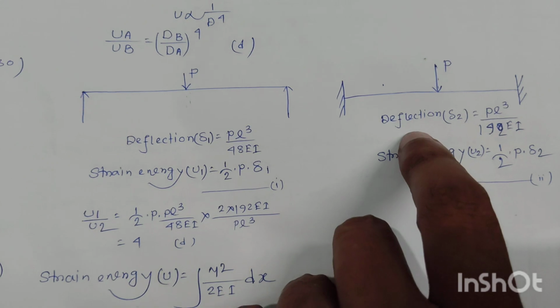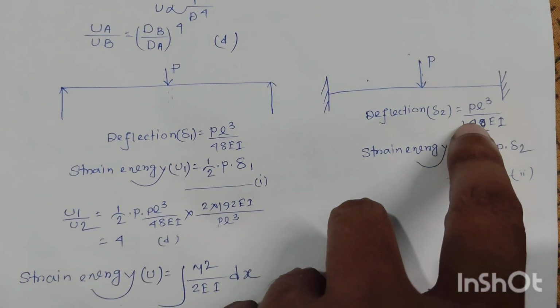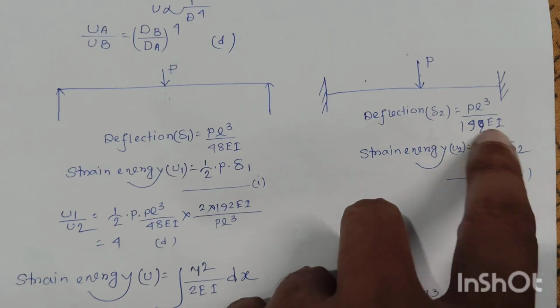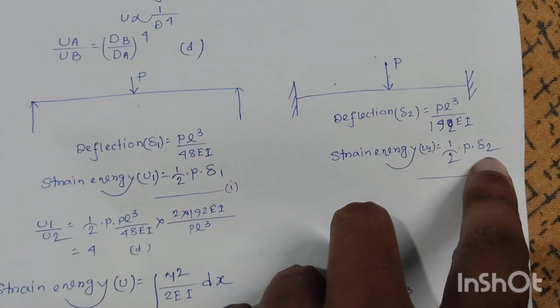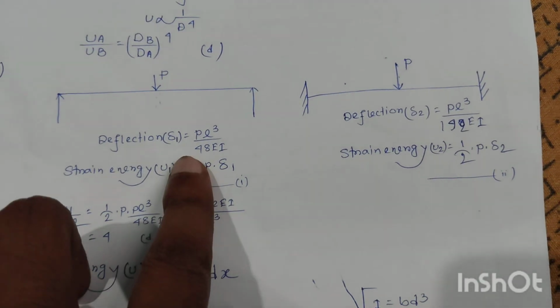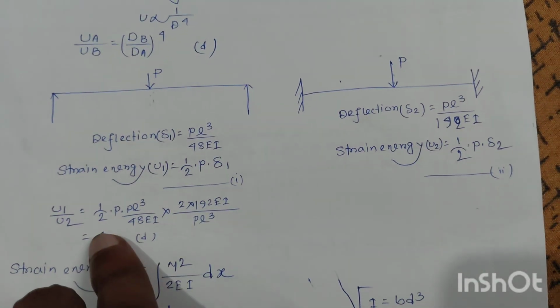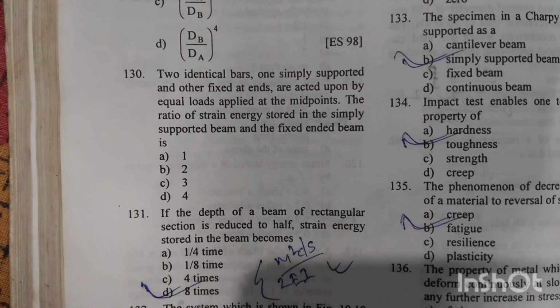And when the beam is fixed and subjected to central point load P, the deflection at the center will be PL cube by 192 EI, and the strain energy U2 will be equal to half into load P into del 2. This is equation 1, this is equation number 2. So strain energy U1 by strain energy U2 will be equal to 4. Option D is right answer.